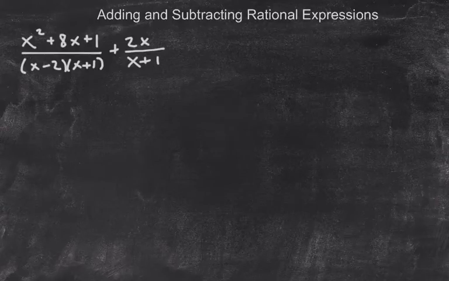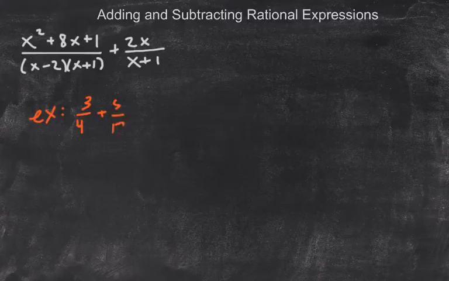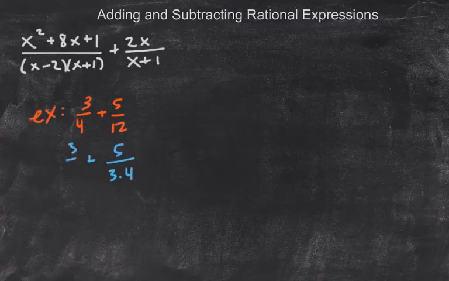So a quick example with rational numbers, if I was doing 3/4 plus 5/12, 5/12 is actually the same as 5 over 3 times 4. And so this helps me realize that I don't need to multiply the denominators together.